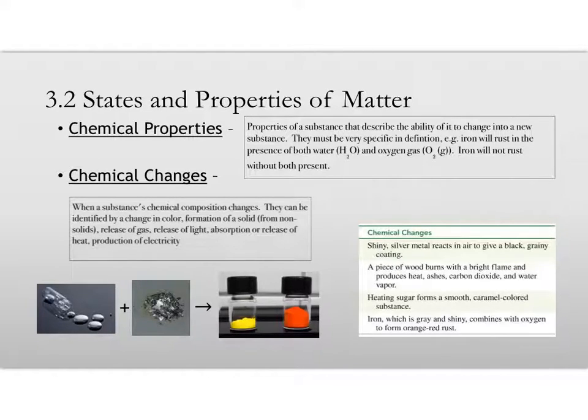They react with each other, and they suck heat in in what is called an endothermic reaction. The heat is being sucked out of your hands if you're using it on your hands. Since the heat is being sucked out, your hands feel colder. And also the production of electricity can also indicate a chemical change has occurred.